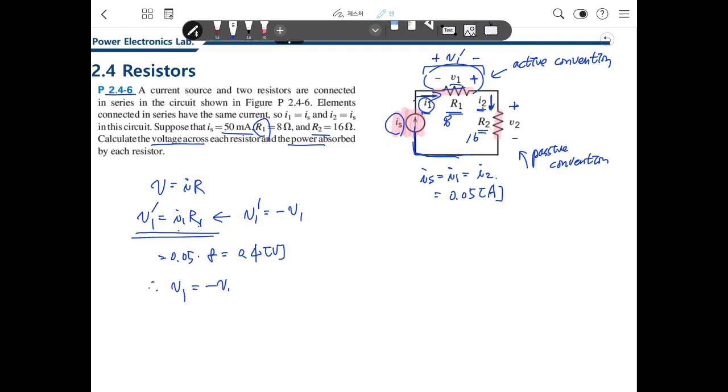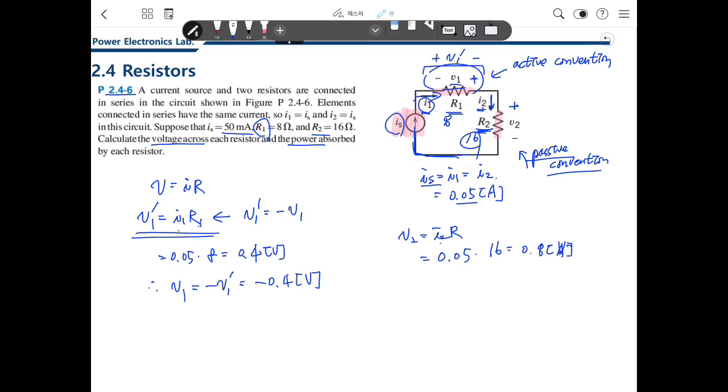Therefore, V1 is minus V1 prime, which is minus 0.4 volts. Then in the case of R2, it's very simple because this convention is passive. So V2 is I2 R. I2 is the same as here, 0.05, and R is 16, so 0.8 volts.